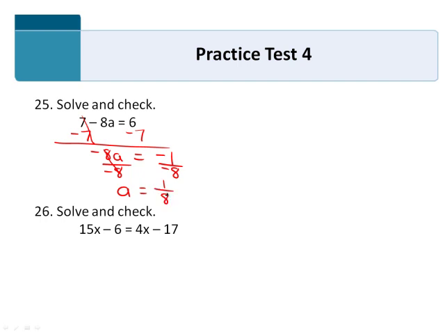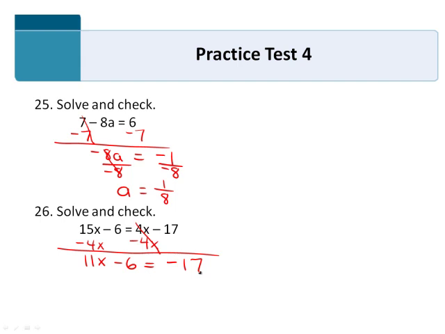And number 26, I'm pretty sure this is the last one. We have 15x minus 6 equals 4x minus 17. My first step is to get the variables on the same side of the equal sign. So subtract 4x from both sides. That gives me 11x minus 6. The 4x's are gone, and the negative 17 comes down.